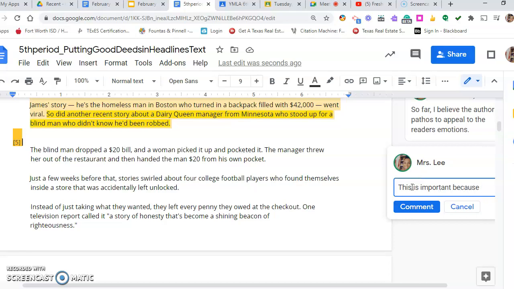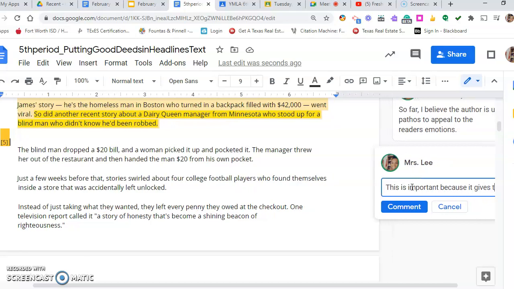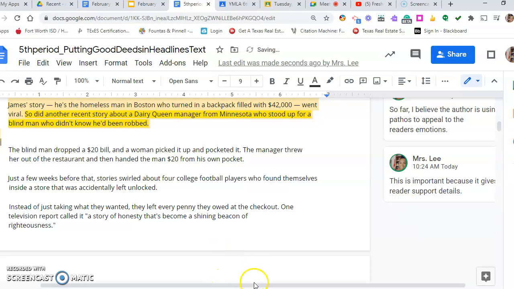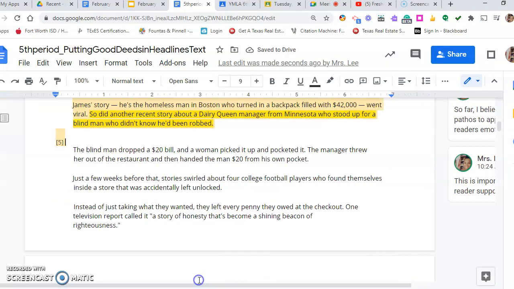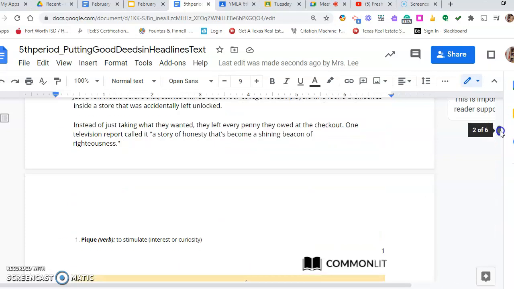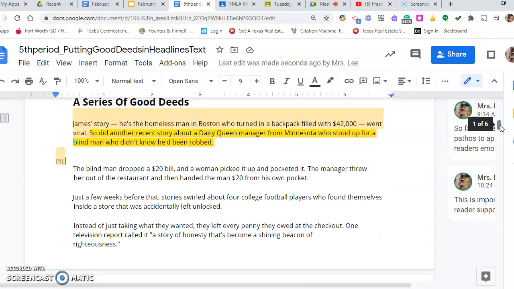This gives us supporting details because it gives the reader supporting details. So far I have one important and one less significant detail. I'm sorry, I think I actually have two significant. So I'm going to work on two less significant details.